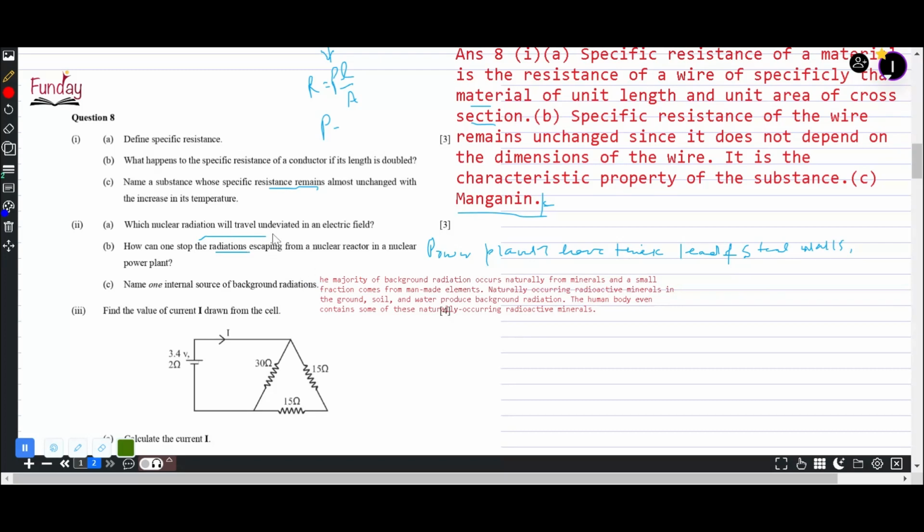So which nuclear radiation will travel undeviated? Gamma radiation will travel undeviated, because gamma rays are pure energy rays. They don't have a mass or anything. Beta has electrons in it, and alpha are very heavy particles.